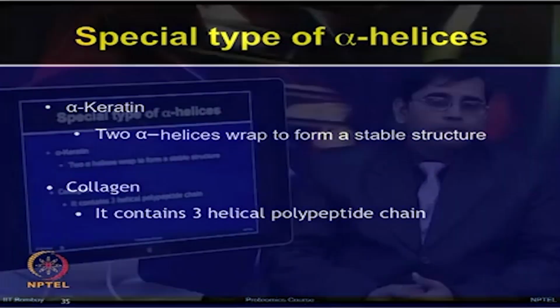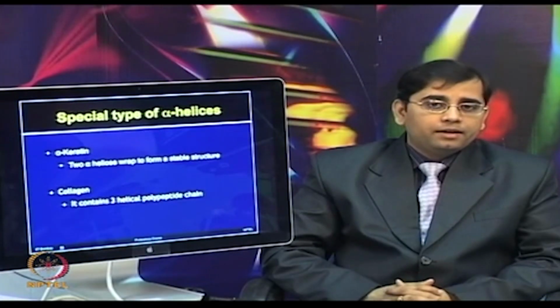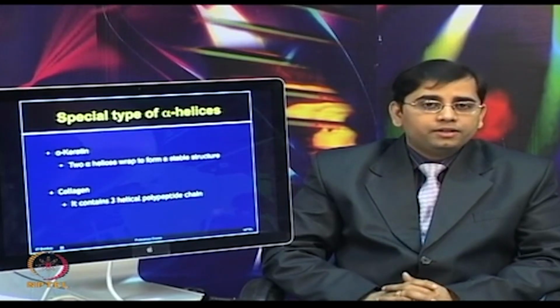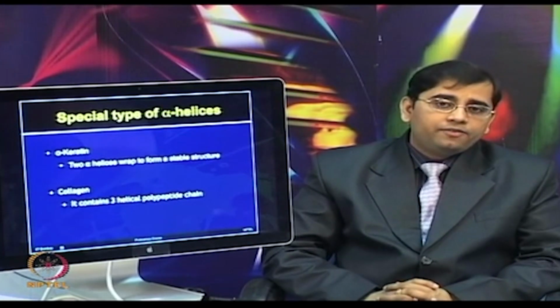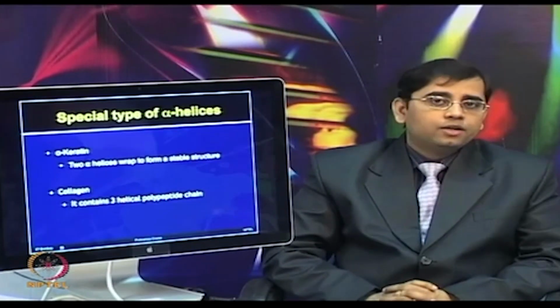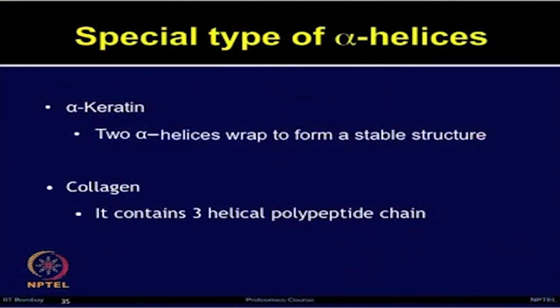It is the primary component of hair and consists of 2 helices coiled around each other, forming a left handed superhelix, which is known as the coiled coil. Another example is collagen, which is the fibrous component of skin, bone, etc. It is also the most abundant protein in mammals. It contains 3 helical polypeptide chains.